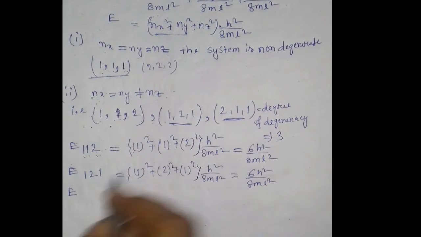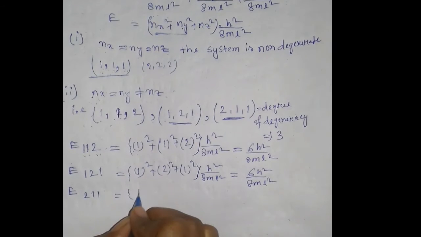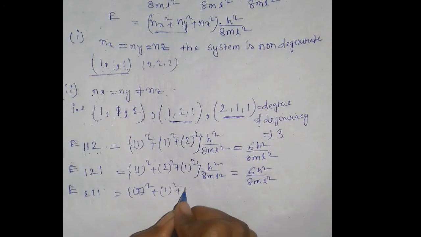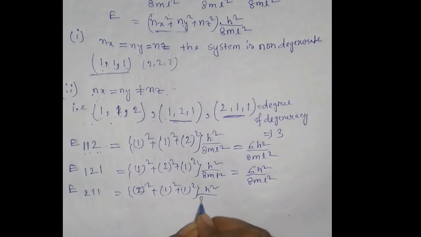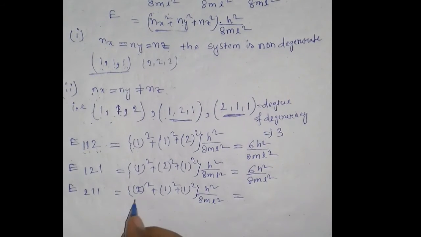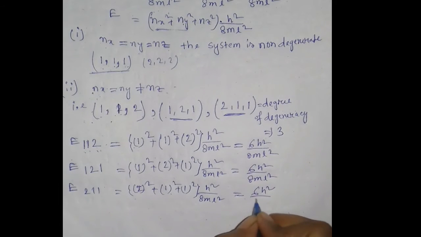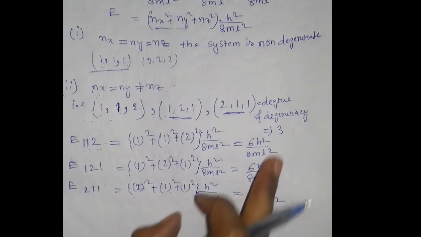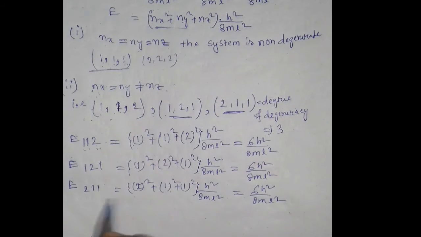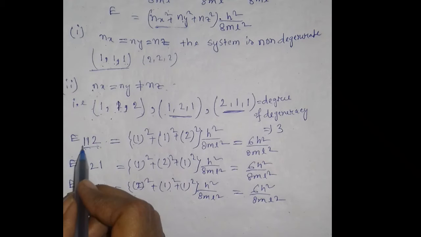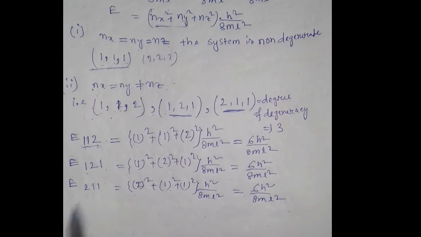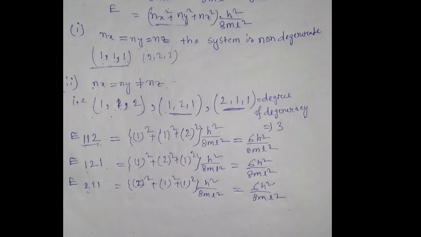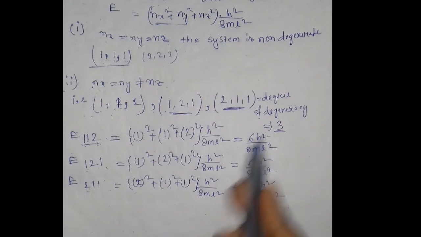In the case of E211, the energy is 2 square plus 1 square plus 1 square, times h square by 8m L square, that is 6h square by 8m L square. That means there are three possible ways to get the same energy value for the different states E112, E121 and E211. That means the degree of degeneracy is 3.